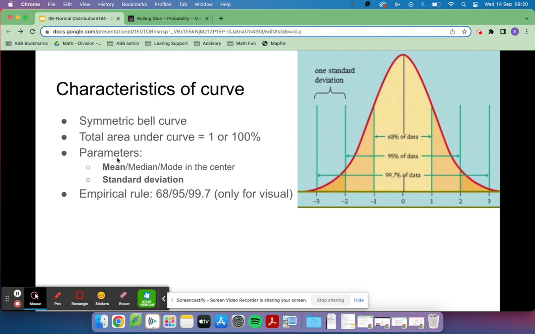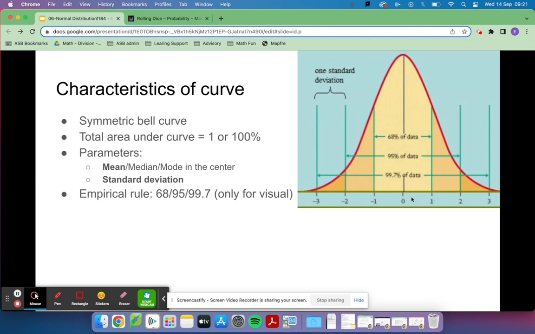The next parameter that's super important is the standard deviation. Now, we're going to talk about the empirical rule, which is the 68, 95, and 99.7 rule. And we're going to be using the standard deviation in order to talk about it. When we're moving away from the mean, we're going to talk about moving away one standard deviation.